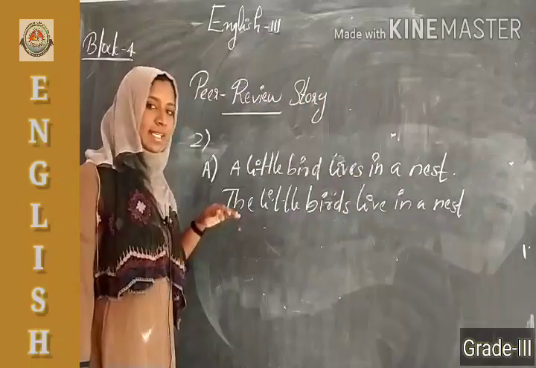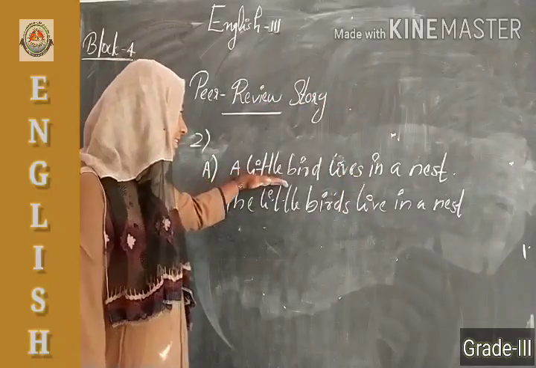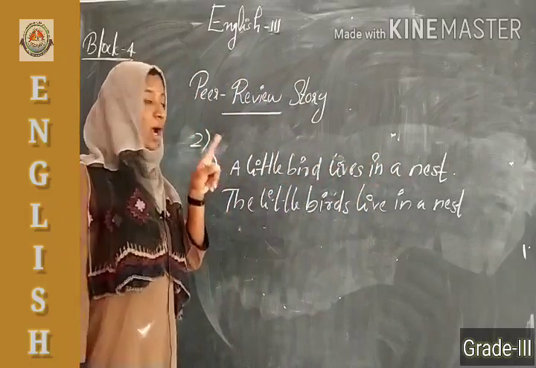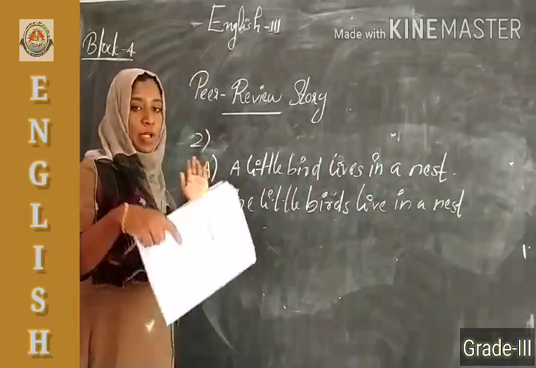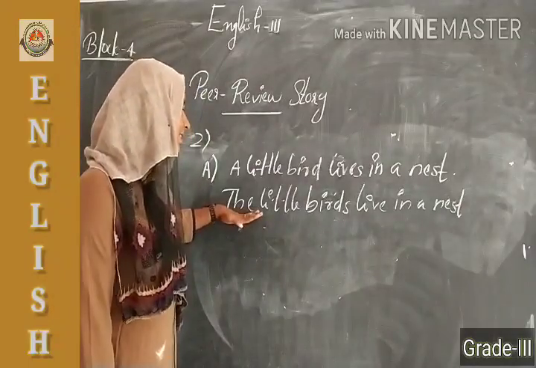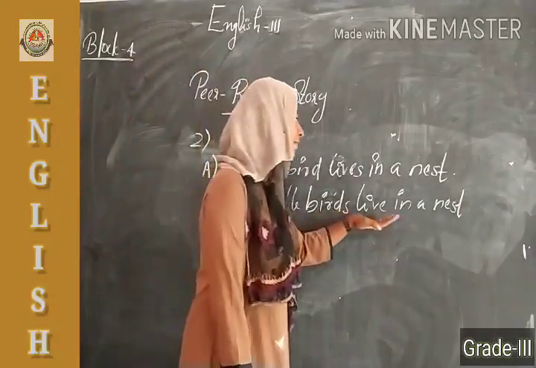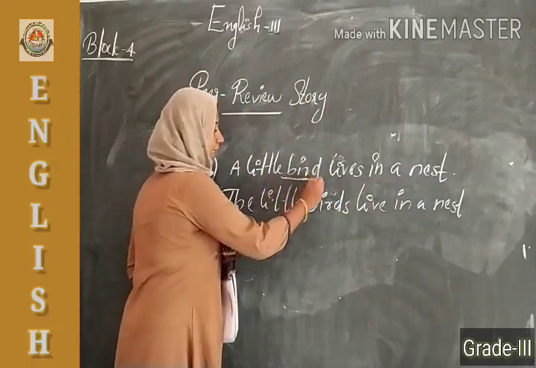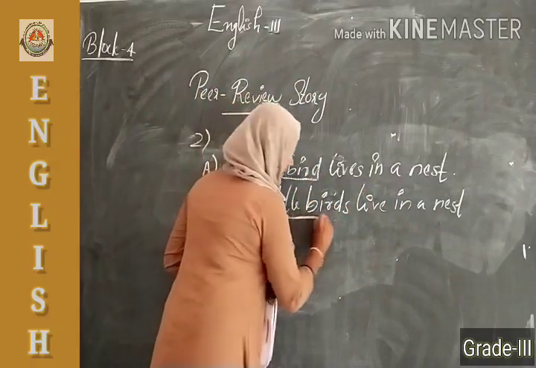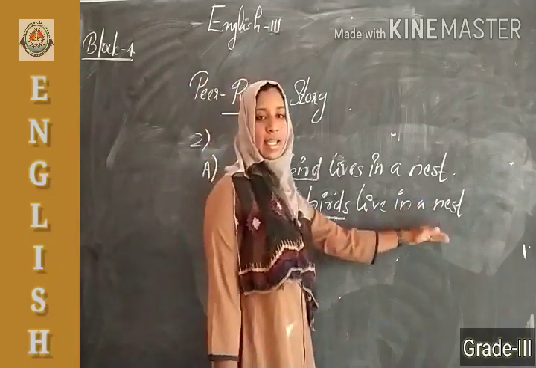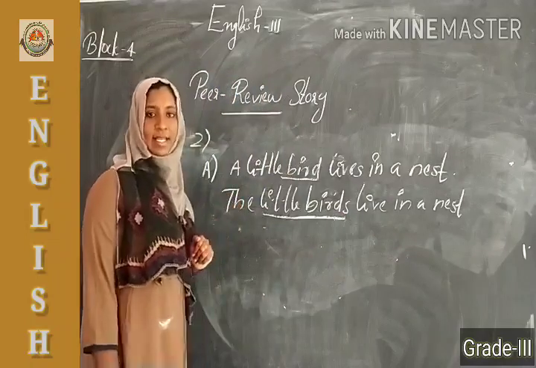Is it clear? That means it's one bird, so we change that bird into many. So we rewrite that sentence. Here it is one bird; here we change to little birds, isn't it? So the little birds live in a nest. We change that sentence. Okay.